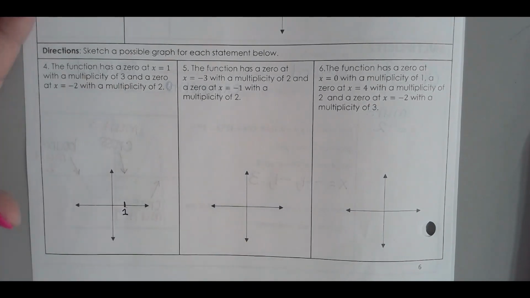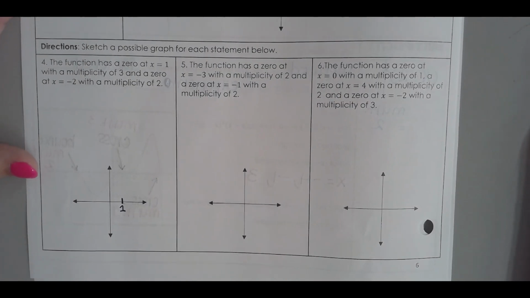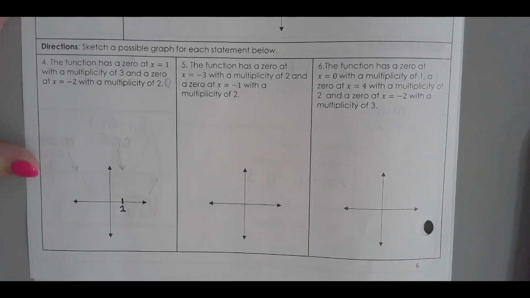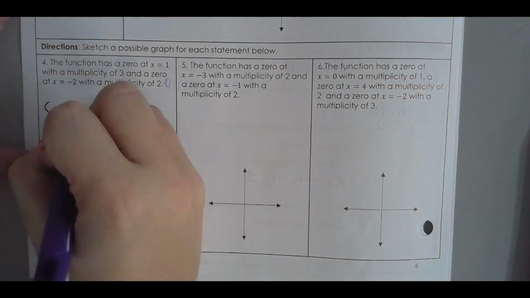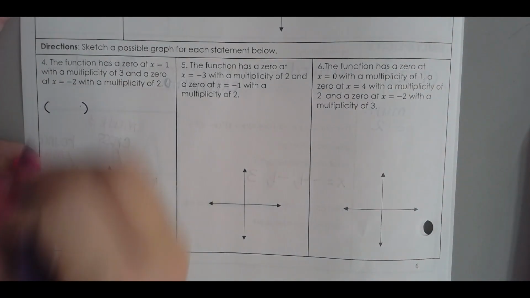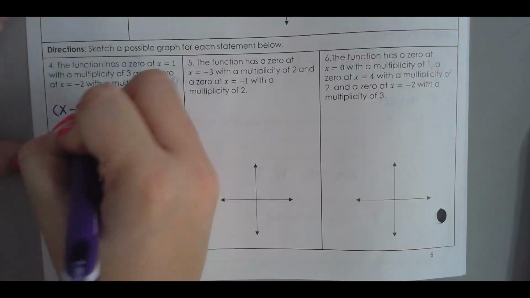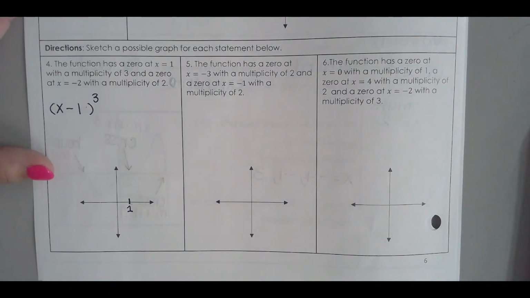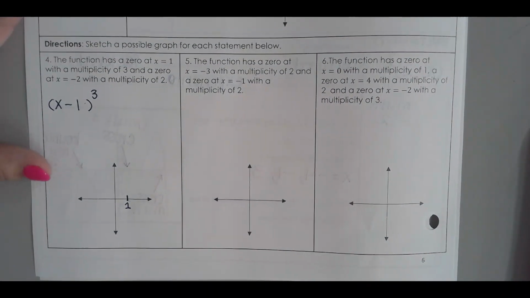So first of all, what does the linear factor look like if the x-intercept is at 1? What's in the factor? If you have an x-intercept at positive 1, what's the factor? X minus 1, and it has a multiplicity of 3. So it has a cubed.